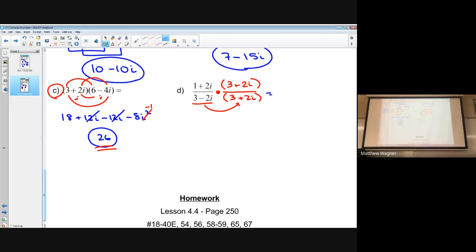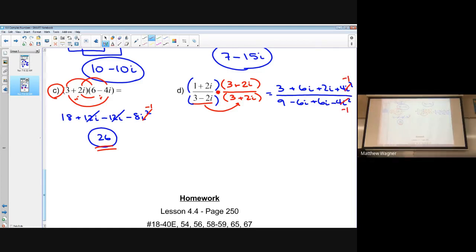When I multiply by 1, it doesn't change the value of the answer, it just changes how it looks. At this stage, we can then FOIL out the top and FOIL out the bottom. So we wind up with 3 plus 6i plus 2i plus 4i squared. On the bottom, we have 9 minus 6i plus 6i minus 4i squared.